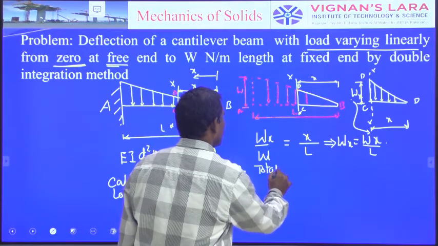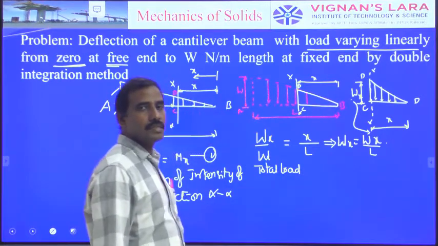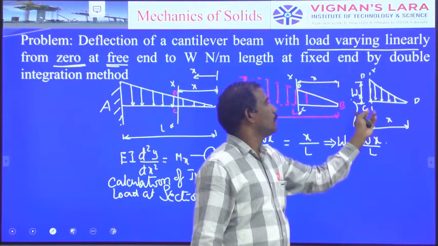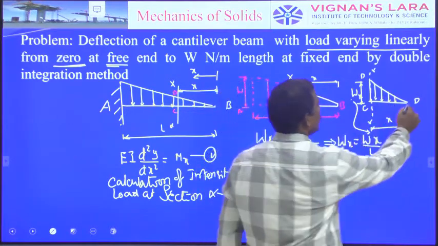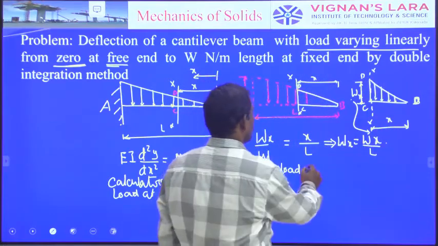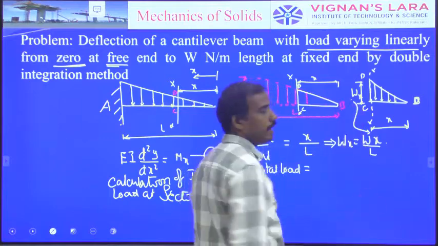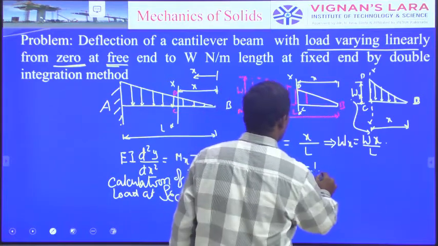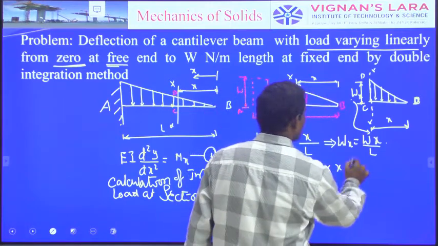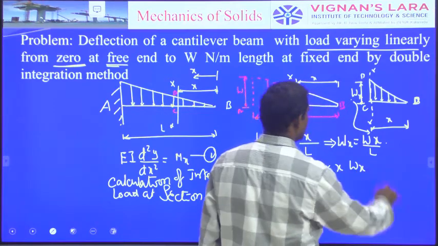Now calculate the total load. What about the total load? The total load is taken as the area under this triangle BCD. The total load of a right angle triangle of base x with height W suffix x is half into base x into height W suffix x.